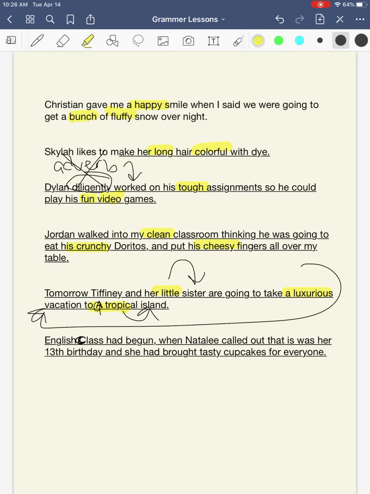There are 3 adjectives in here. This one is the trickiest by far. See if you can figure out what's what. All right, what type of class? It's English class. What kind of birthday? Her 13th birthday. Or which birthday? What kind of cupcakes? Tasty cupcakes.